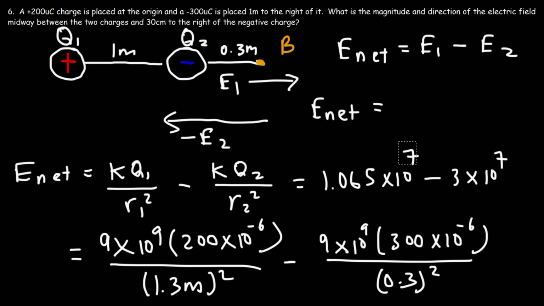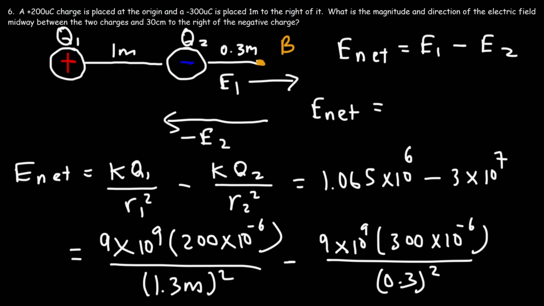This should be times 10 to the 6, not 10 to the 7. That's 1,065,088. So that's 1.065 times 10 to the 6. E2 is 30 million, which is 3 times 10 to the 7.